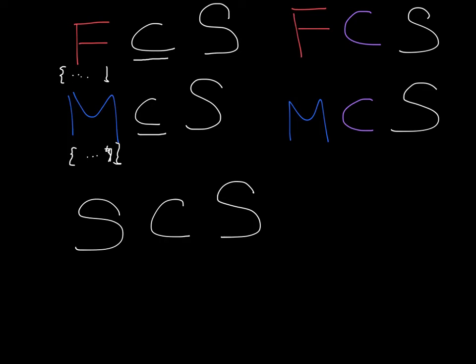Because S is not smaller than S. S is equal to S, or is less than or equal to. So this is not true, right? S is not a proper subset.